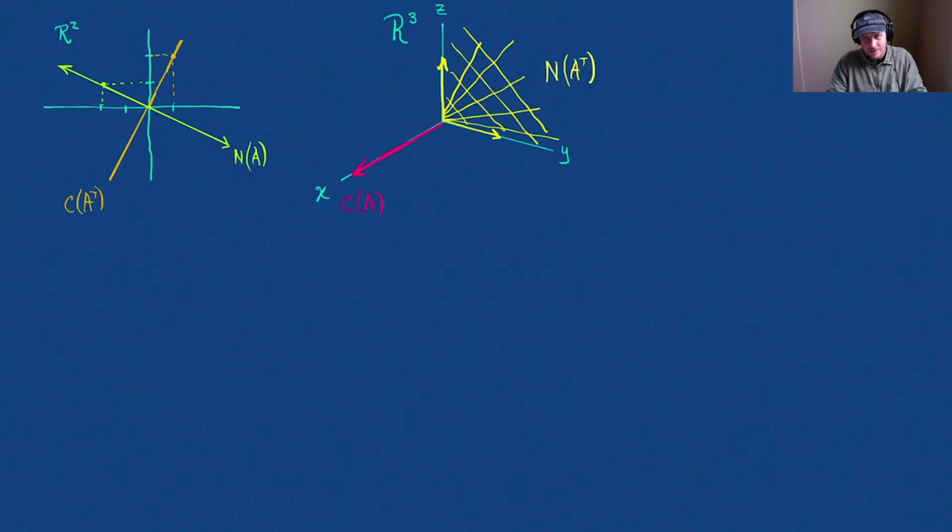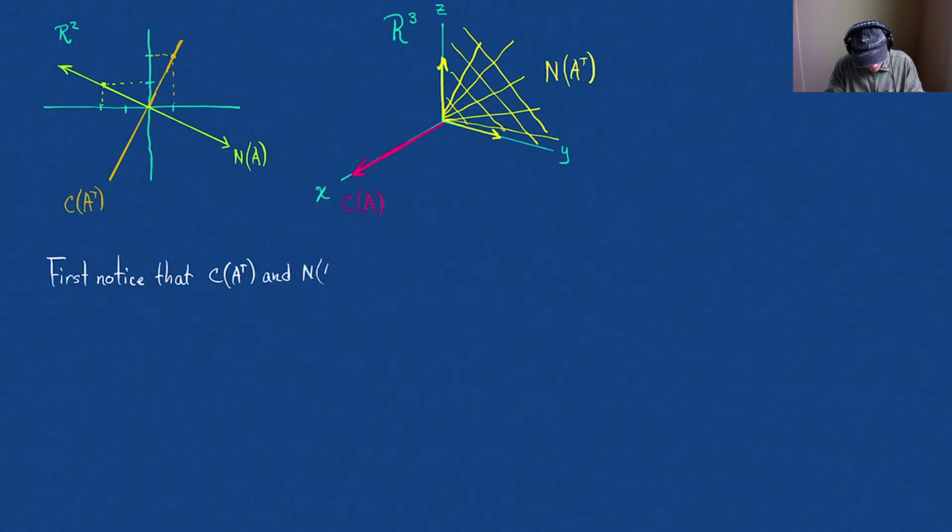First, notice that the column space of the transpose, or the row space, and the null space of A form a basis for Rn, which in this case is R2 in this example.